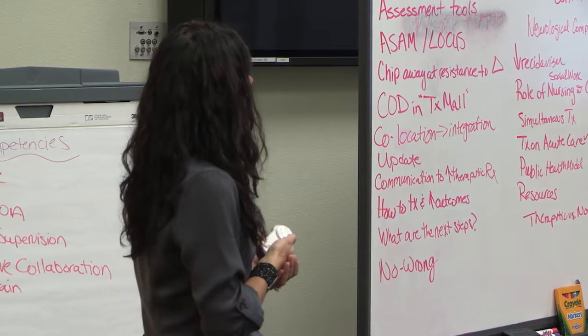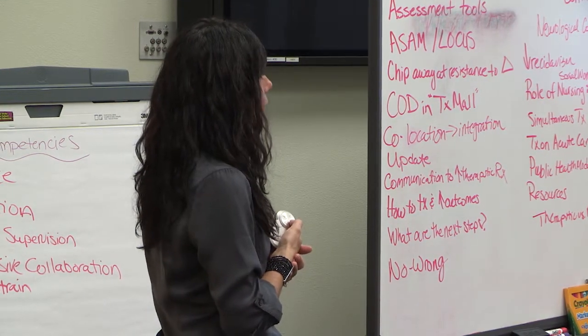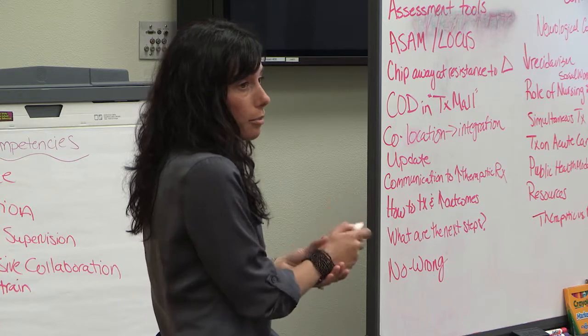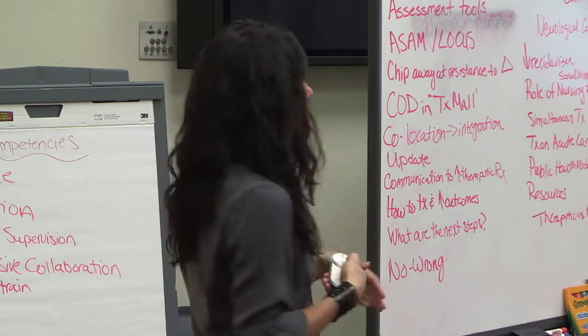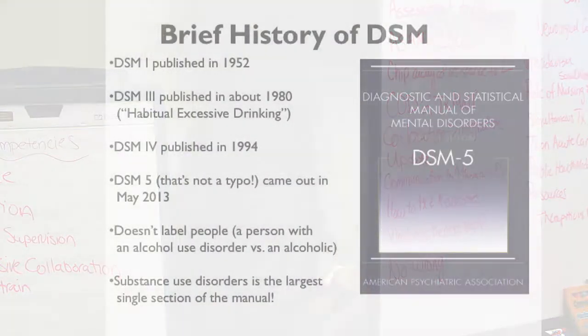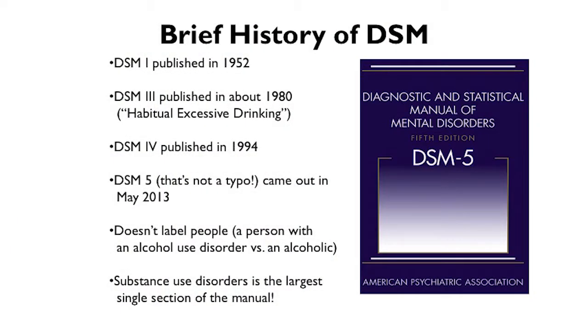So, we have a little bit of DSM-5 related to substance use disorders. I'm gonna kind of breeze through this because we did touch on some of it yesterday. In case you don't know the history, the first one was published in 1952, the third in 1980. At that point, they had habitual excessive drinking added.